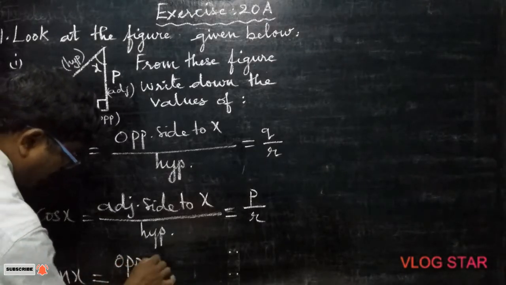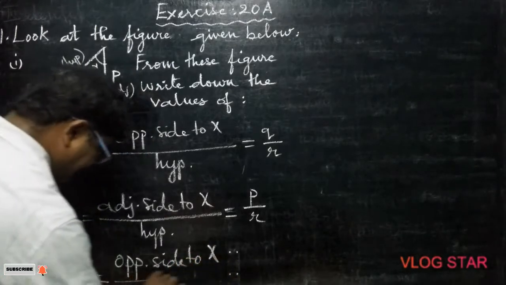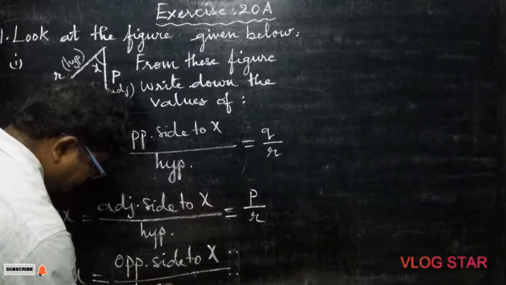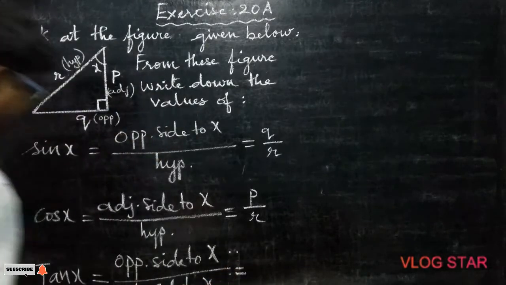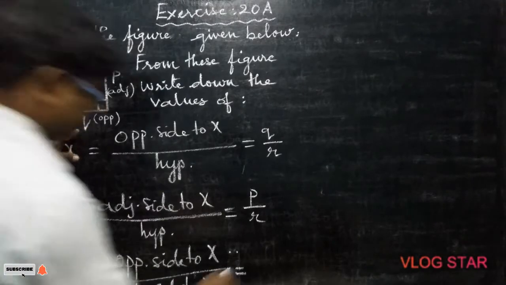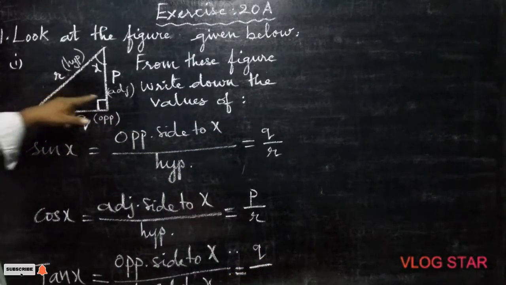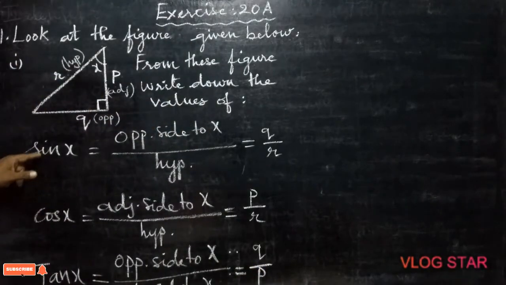Opposite side to x by adjacent side to x. What is the opposite side? Q. Q by what is the adjacent side? P. So they may list them as they like, but I am finding everything in order.